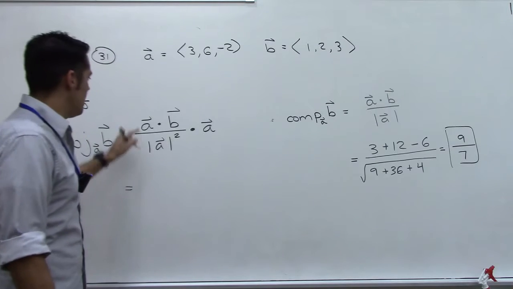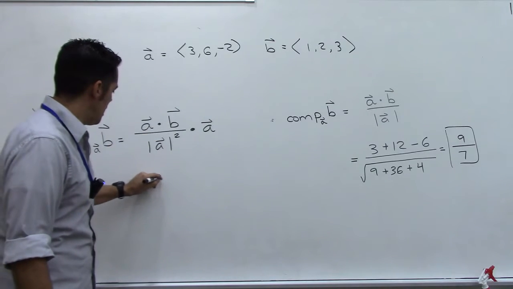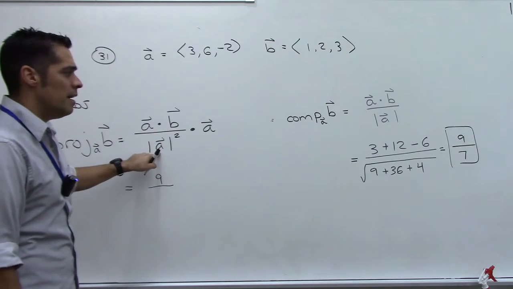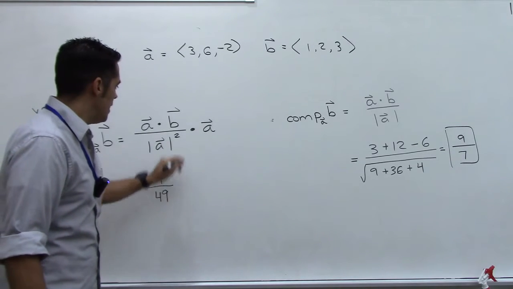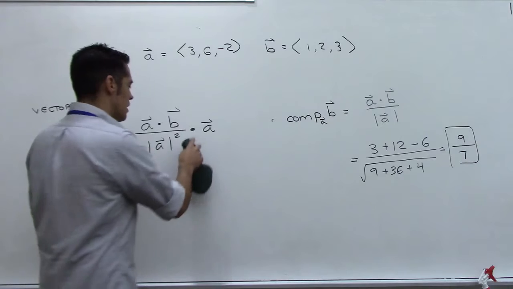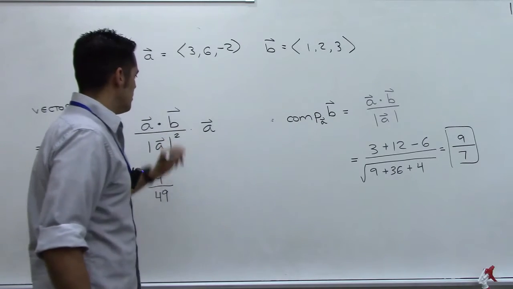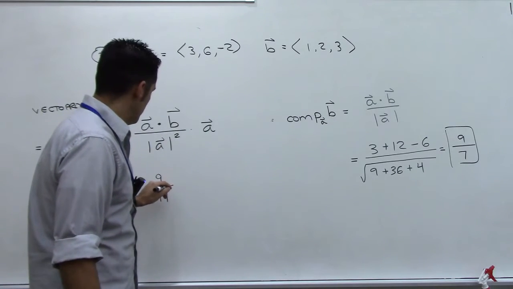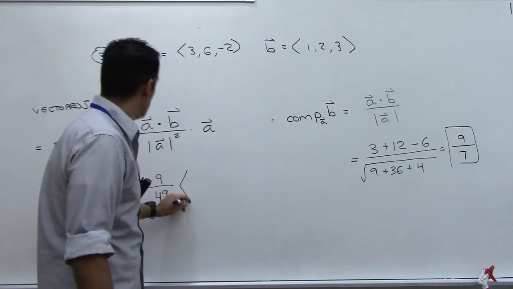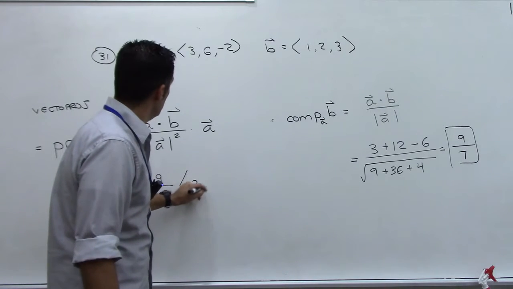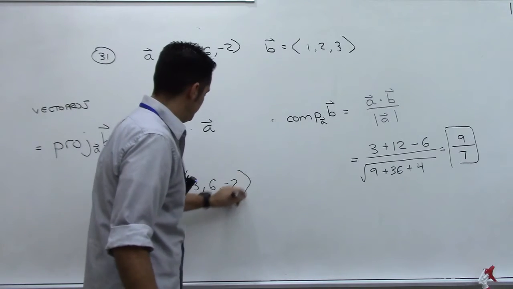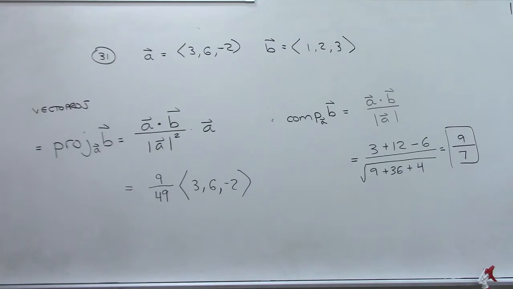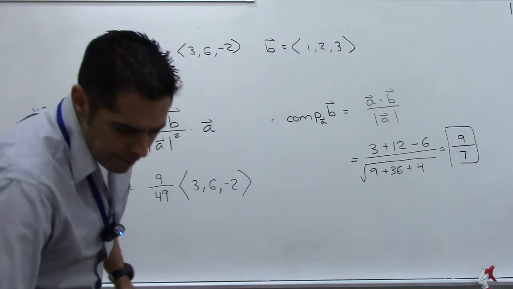We have A dot B, which we knew was 9. The magnitude of A was 7, but we square it, so 49. We multiply that times the vector A, which is 3, 6, -2. And so just distribute through, and you're there.